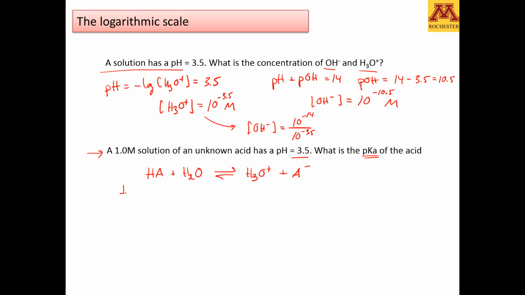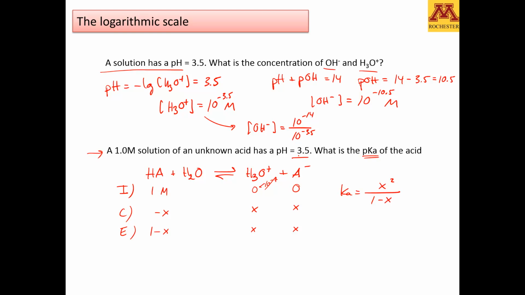Initially I have 1 molar, and I know that this is 10 to the negative 7, but it's pretty much 0, so I'm not going to think too much about it. There's going to be a certain amount X disappearing from the acid and appearing in the products. So in equilibrium, 1 minus X, X, and X, and my Ka is X squared over 1 minus X.